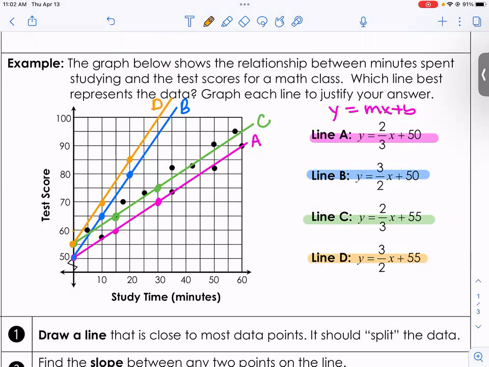So do you see how I labeled them A, B, C, D? That way I know which one is which. Okay. We are going to pick one line that best estimates the collective set of data.